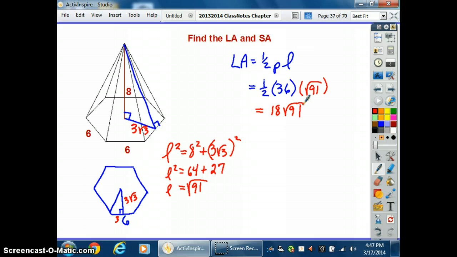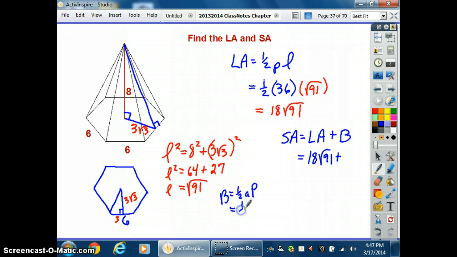Now our surface area. Our surface area is the lateral area plus one base. We only have one base in a pyramid, right? The hexagon. So the answer is 18 radical 91, and the area of the base, this thing, oh boy, the base is 1/2 AP.